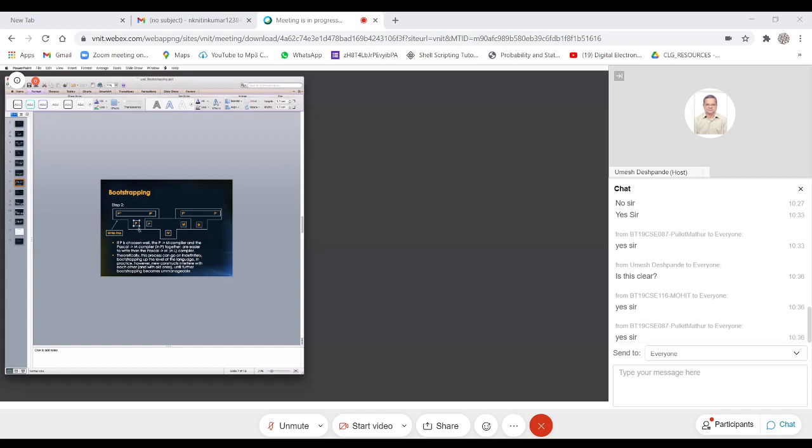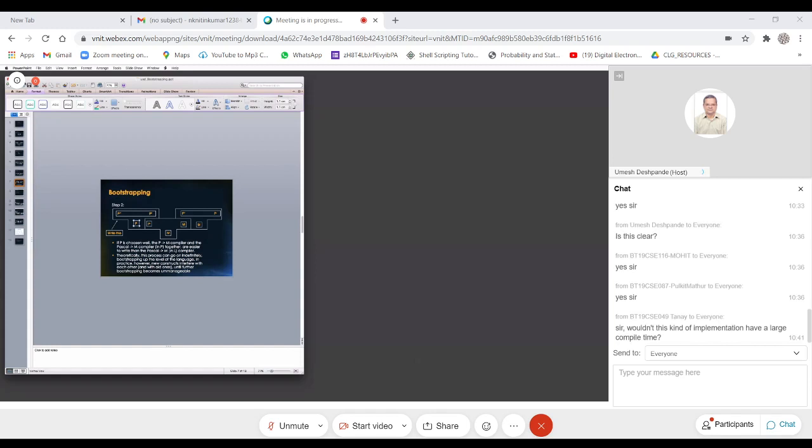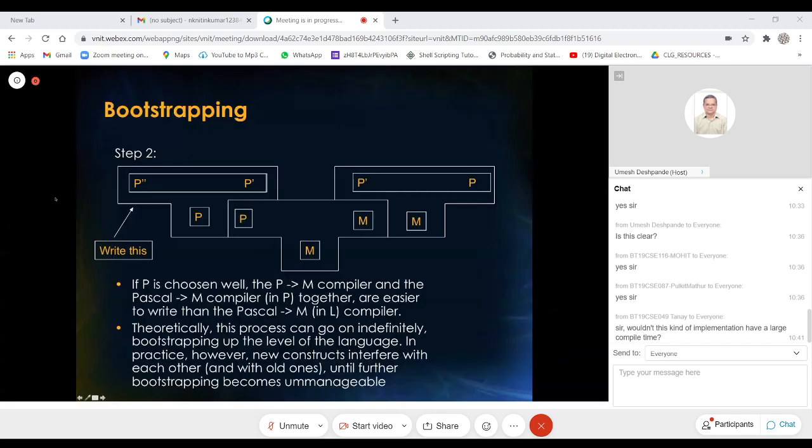Okay, these steps are kind of missing in the slides, but I will update the slides and we will take up this question again in the next class. But I hope that this is clear now. What we are actually trying to do here is reduce the effort of writing something in assembly or machine language.